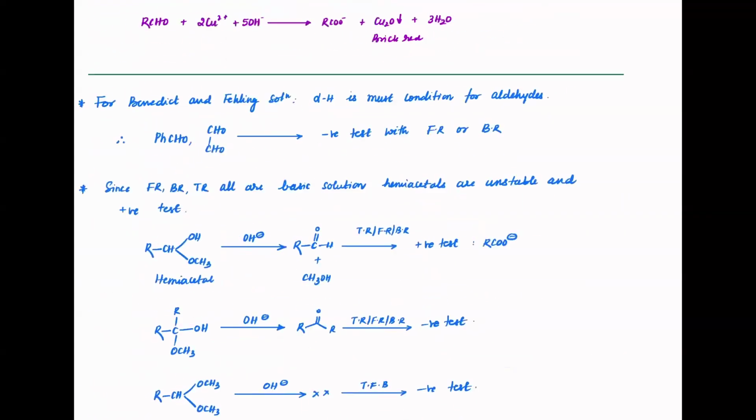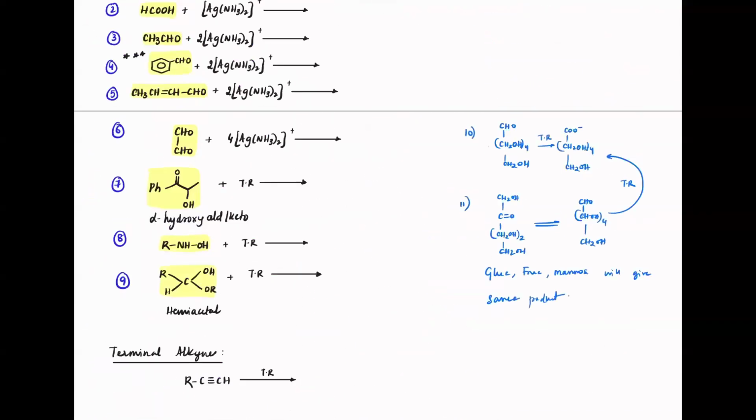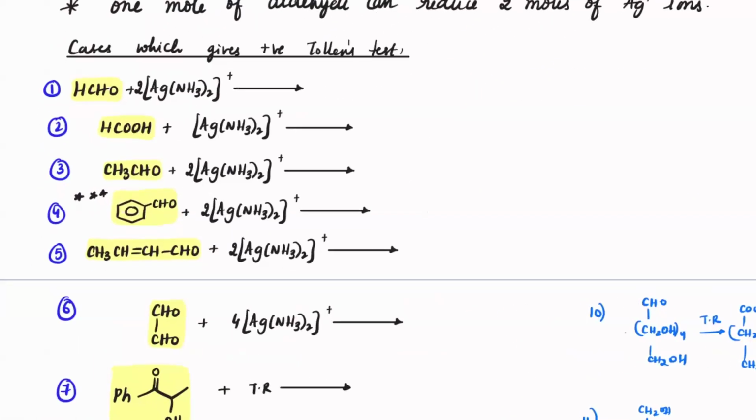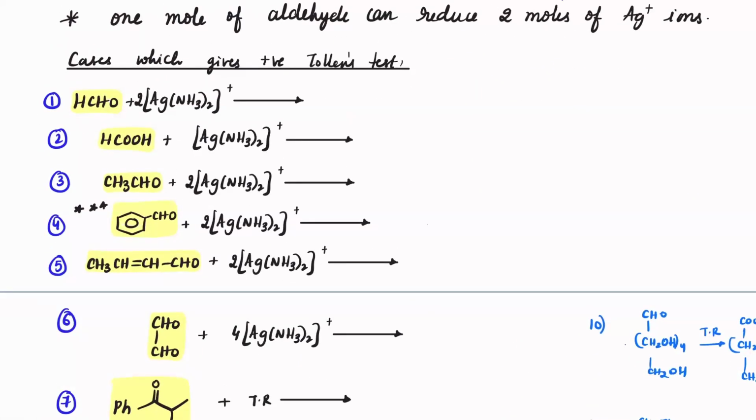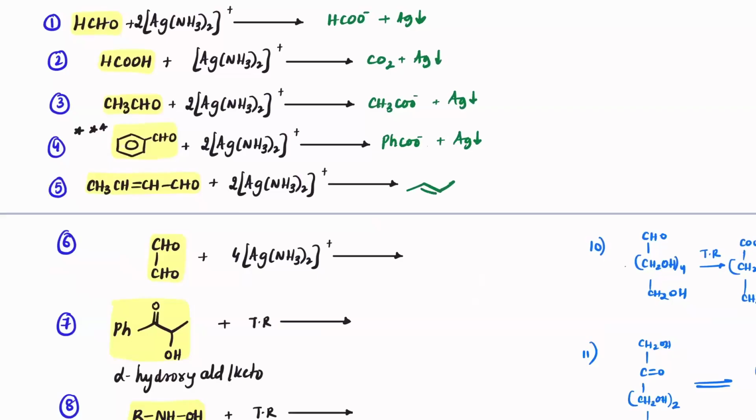Now coming back to this here. When it comes to Tollens test, what are all the products? I'll write down quickly. First case, I'll have HCHO will convert into HCOO minus plus silver. Here CO2 and silver. Here CH3COO minus and silver. Here benzaldehyde will be PhCOO minus and silver precipitate. And here double bonds will not be disturbed during this reduction.